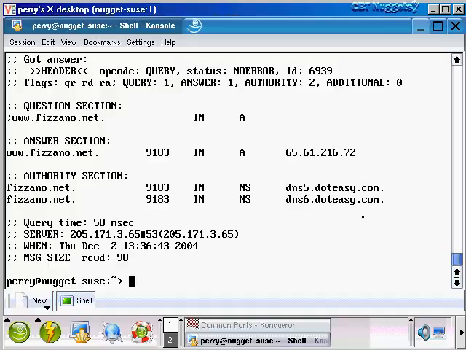Just a little aside: what happens when you type www.fasano.net into a web browser, for instance? Your local name server doesn't have the information about what www.fasano.net corresponds to in terms of an IP address. So there's a whole chain of things that happen.